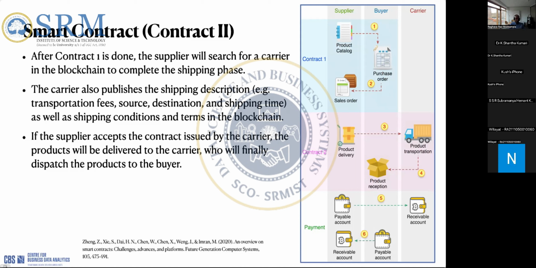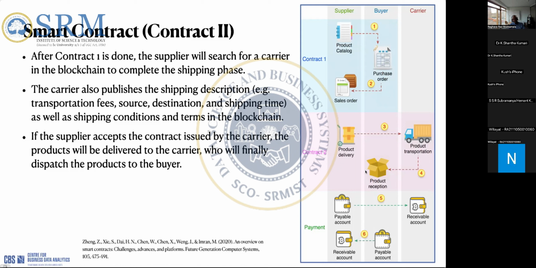They look into the transportation fees, source and destination, shipping time, how much time it will take, and what guarantees they provide, for example if the product gets damaged. The supplier will agree and choose a carrier, and then places his order.